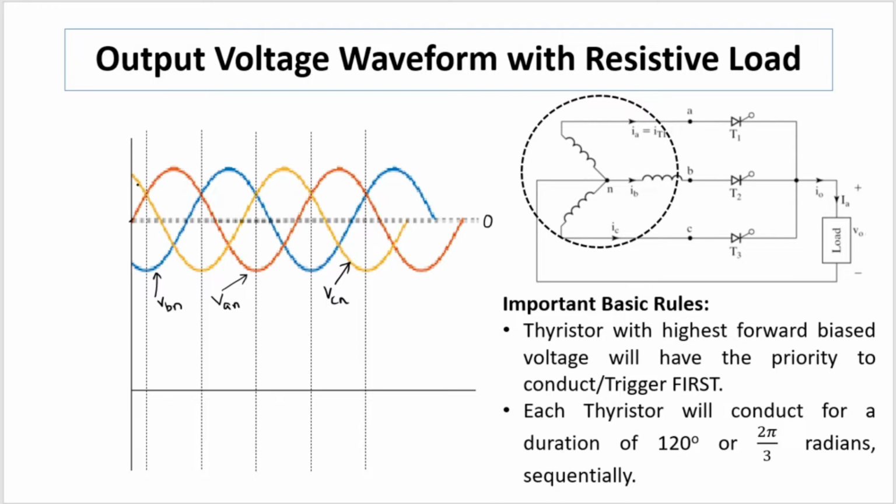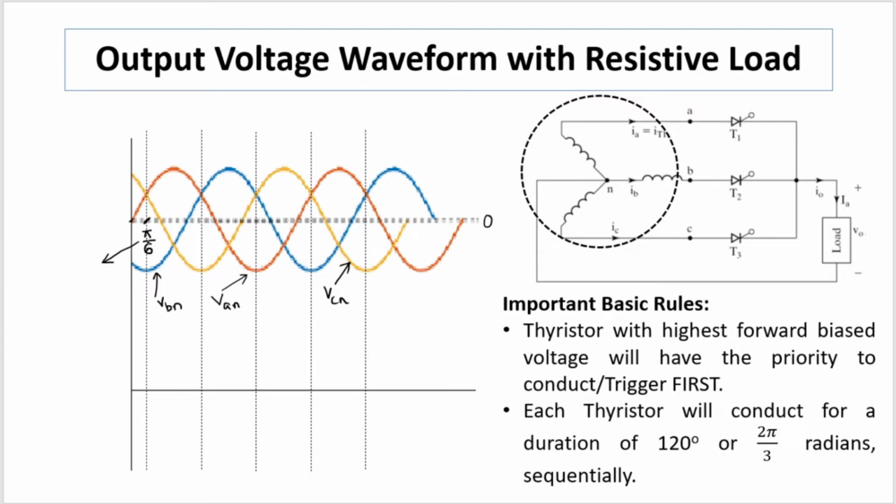So considering this, our starting point will be from this 30 degree instant, that is pi by 6. We will start our operations from this pi by 6 instant. It is our initial starting instant, or our reference, whenever we find out waveforms or calculate values of voltages.